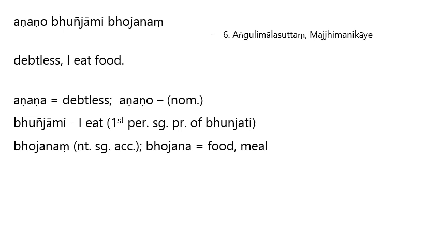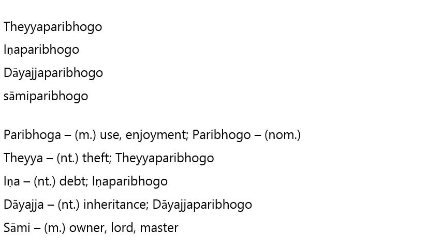This has been explained in Angulimala Sutta Vannana, which is the commentary to the Sutta. On the screen, you can see 4 words taken from the commentary. As we discuss the meaning of these 4 words one by one, things will become clearer. We have the words Theyya Paribhogo, Ina Paribhogo, Dayajja Paribhogo, and Sami Paribhogo.